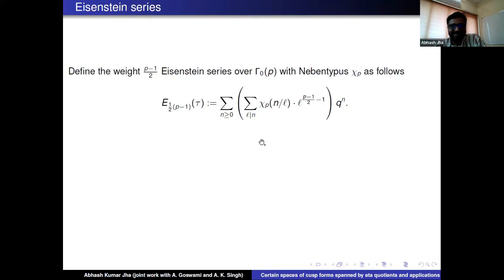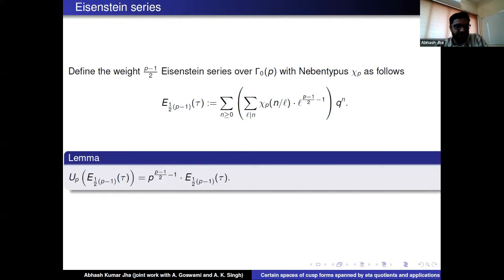So this is an element inside M_{p minus 1/2}(Gamma_0(p), chi p). Now this U_p operator, which I defined in the previous slide, acts very nicely on this Eisenstein series. Namely, it just gives you a scalar multiple of this Eisenstein series, and this is also very nice.